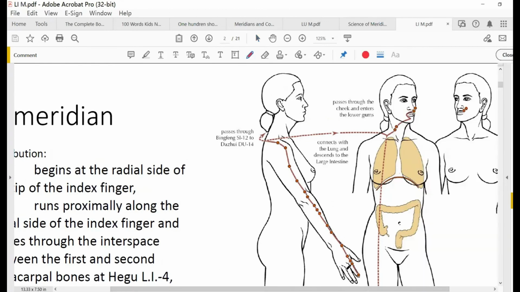This part. This region always faces the sun.